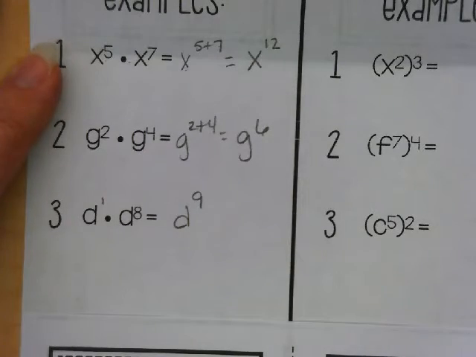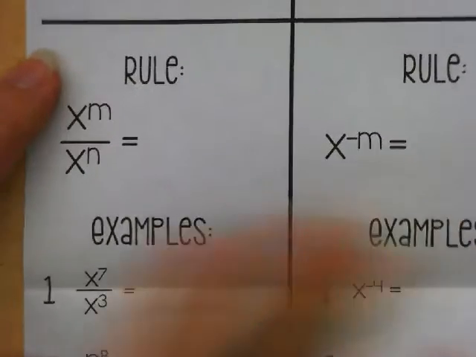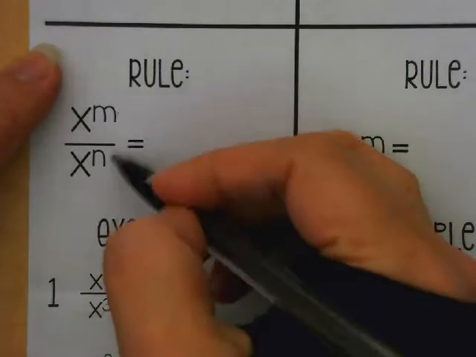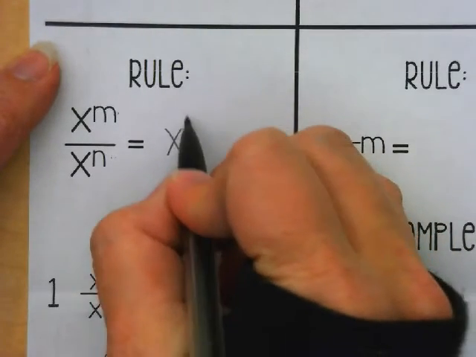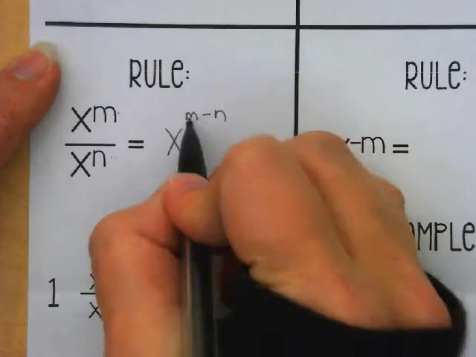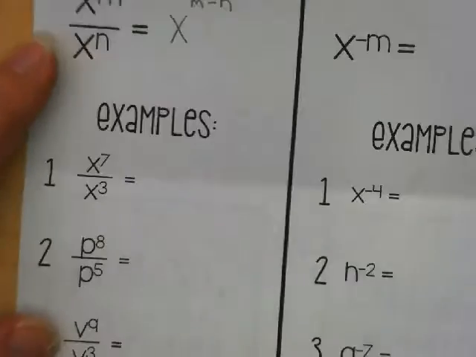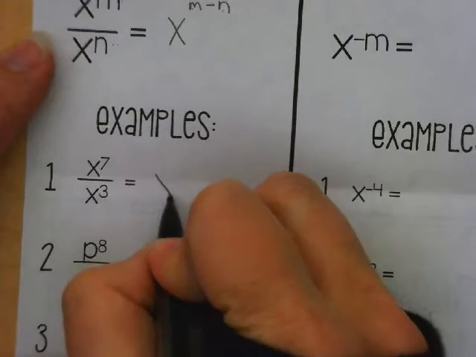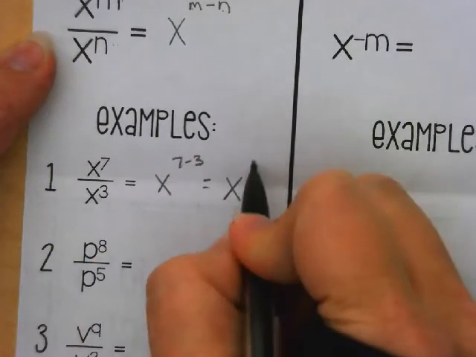So then in like manner, just the opposite, we have the quotient property. And what do we do when we're dividing? We're going to subtract. And remember, the numerator goes first, the denominator goes second. So we would write this one out as 7 minus 3, we get x to the 4.